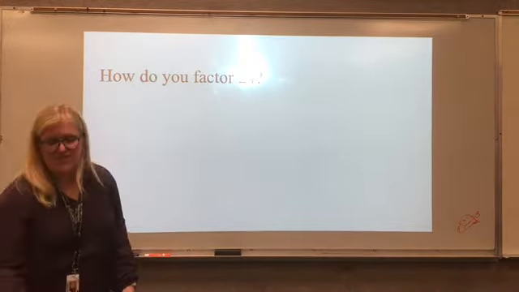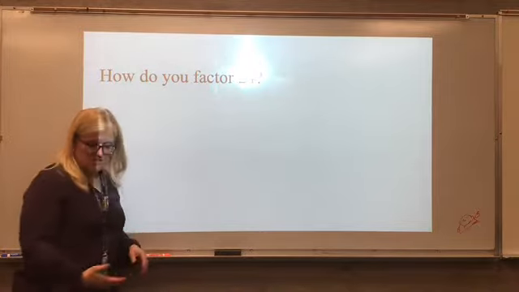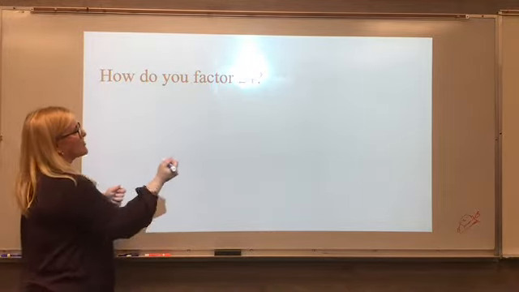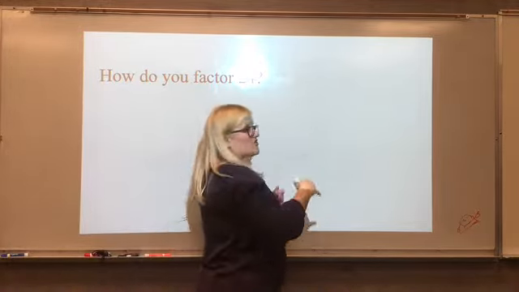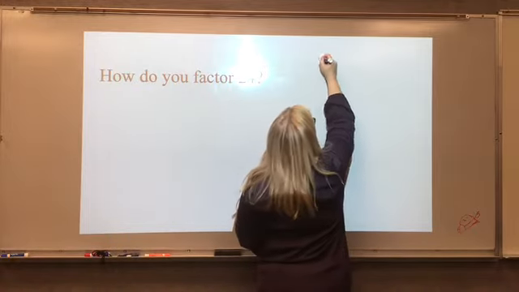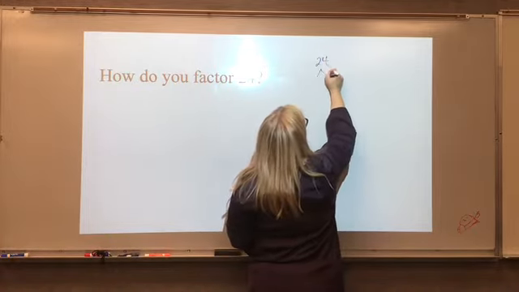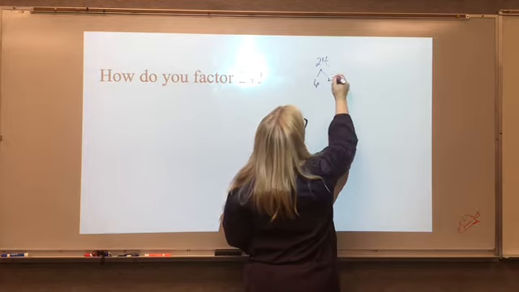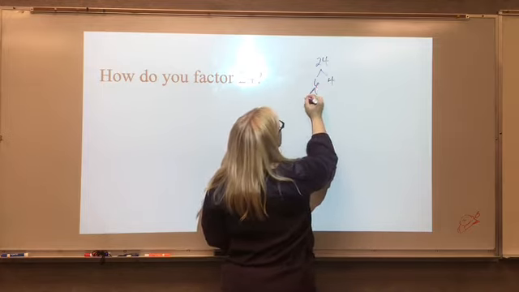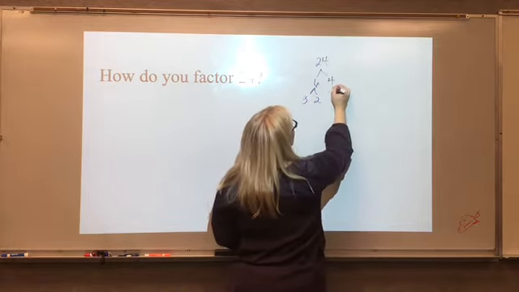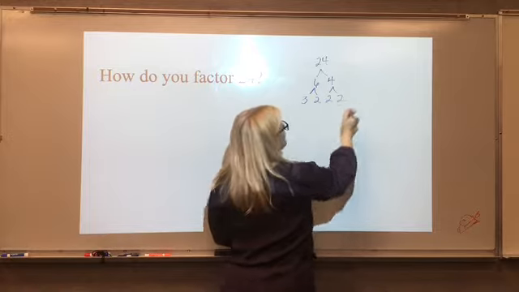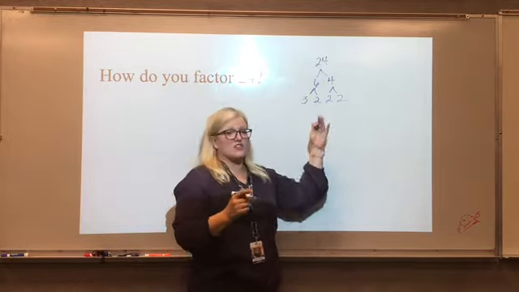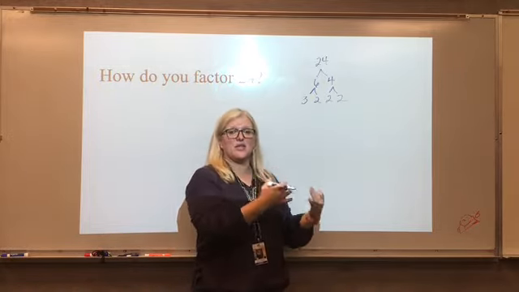All right, the reason I have a tree there is because when we're kids and we learn how to factor, we do a factor tree, right? So 24 is, we can say 6 times 4, and then 6 is 3 times 2, and 4 is 2 times 2. And then we get our factors. So I have factored this completely.